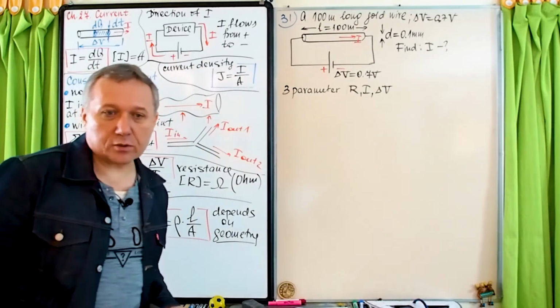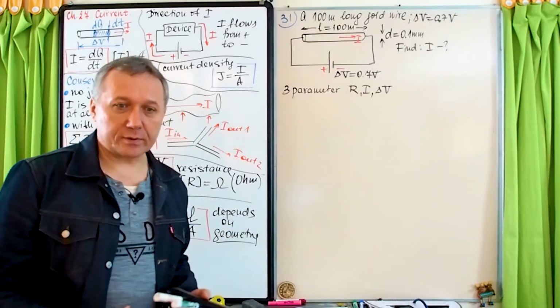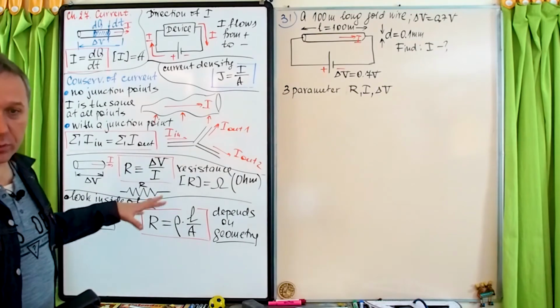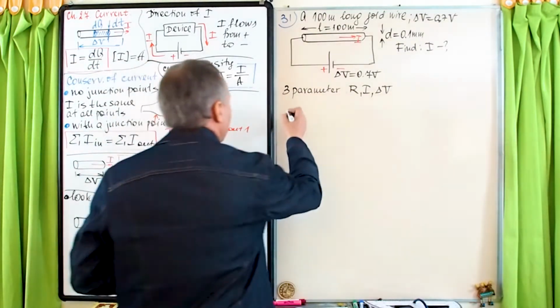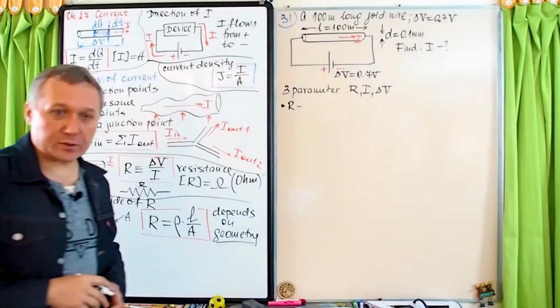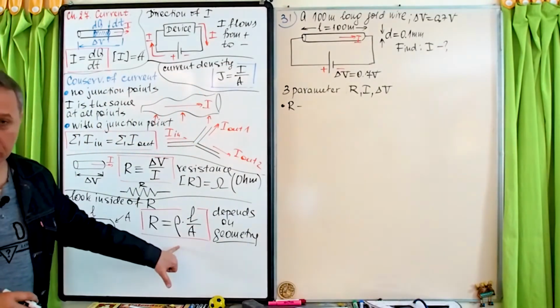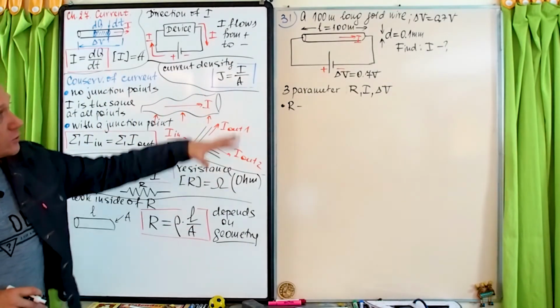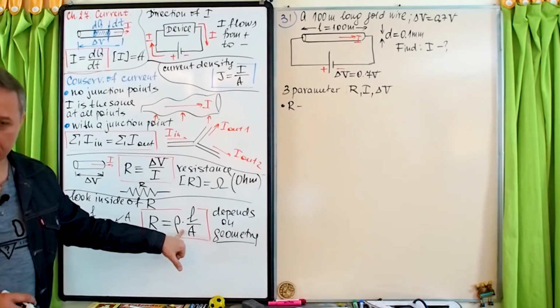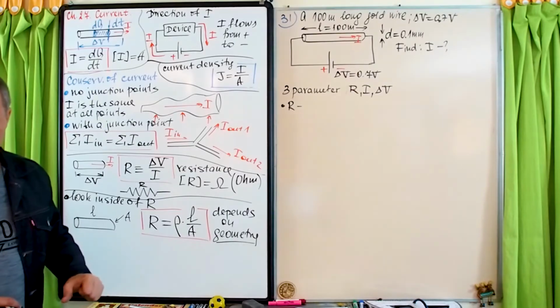So let's look at each of these parameters separately. And also, we need to use formulas which connect them all. First, R. R depends only on the geometry. Since geometry is given and material is given, we should be able to find the resistance of the wire.